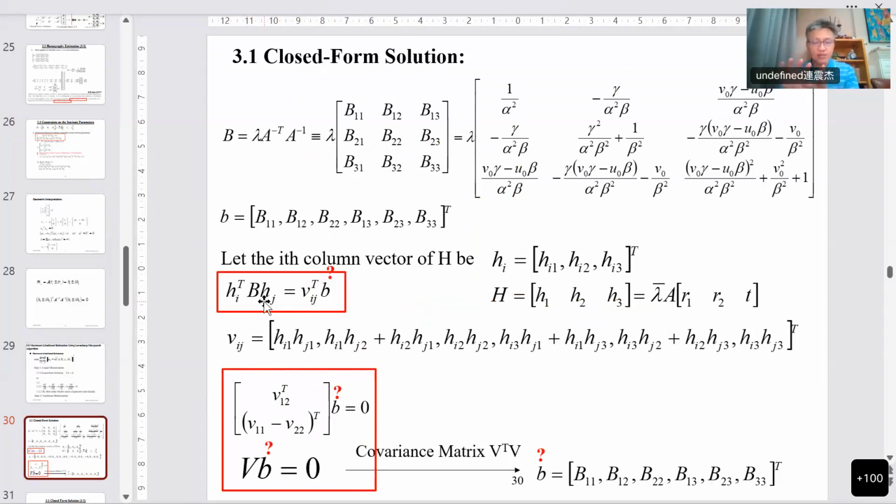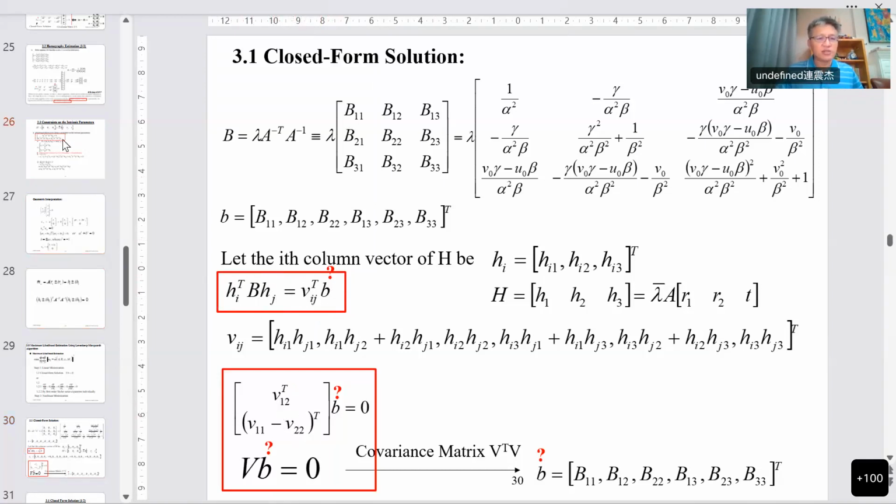And then reformat. Reformat means putting the known on one side and the unknown on the other side, to become a homogeneous matrix. Because this is not in homogeneous matrix form, they transfer it to homogeneous matrix format, becoming V B. We try to solve B, V is known. What's V?